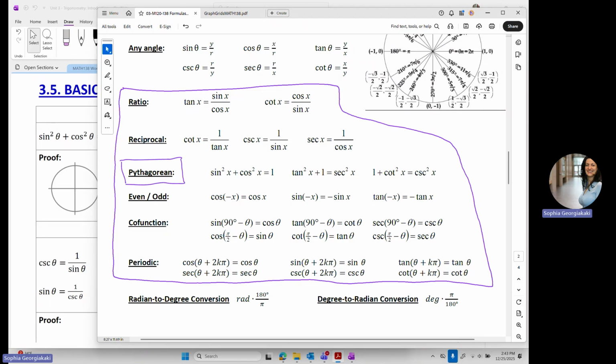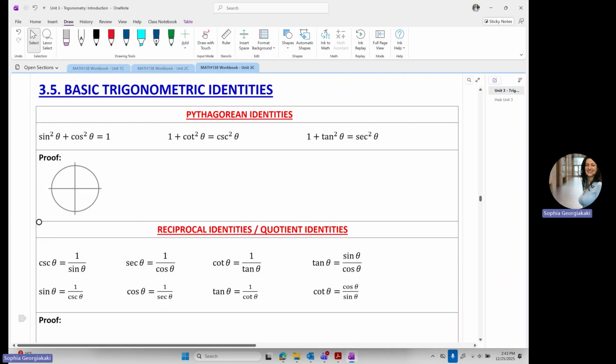The Pythagorean identities say that there is a relation between x, y, and r in every angle rotation, whether you are on the trigonometric circle or not. Now, of course, here you can see the trigonometric circle, but let's assume that this is any kind of circle for a rotation.